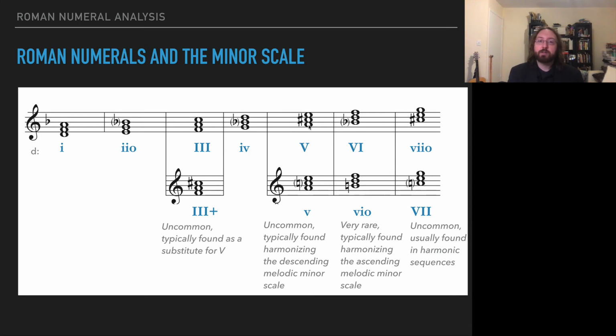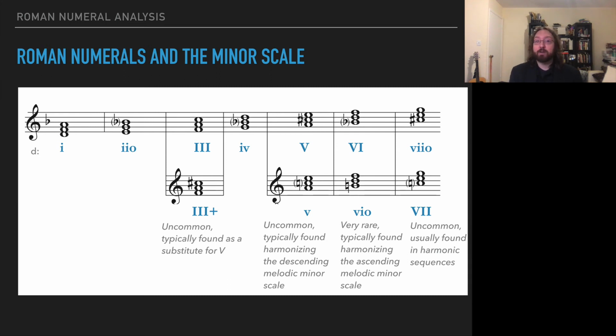We hop over here to the chord built on scale degree 5, and here's where we're using our harmonic minor scale. We are making sure to raise that leading tone. 99.9% of the time, when you are working with a 5 chord or a 7 chord in the minor mode, we are going to want to raise that leading tone.